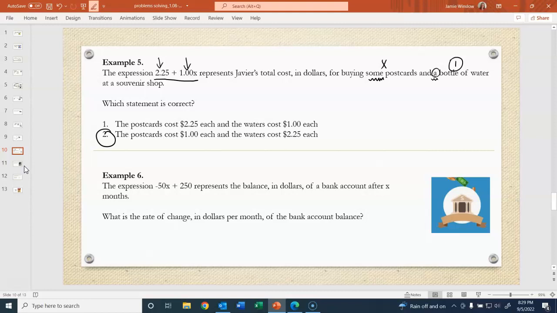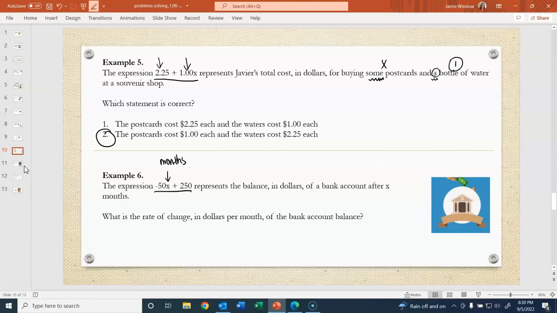Number 6, example 6. Here's our expression. And it tells us that's the balance in dollars of a bank account after x months. So x represents the months. It told us right there in the problem. What is the rate of change in dollars per month of the bank account balance?